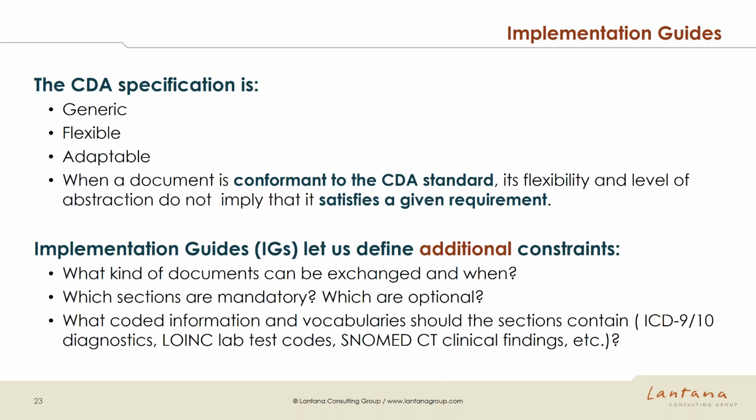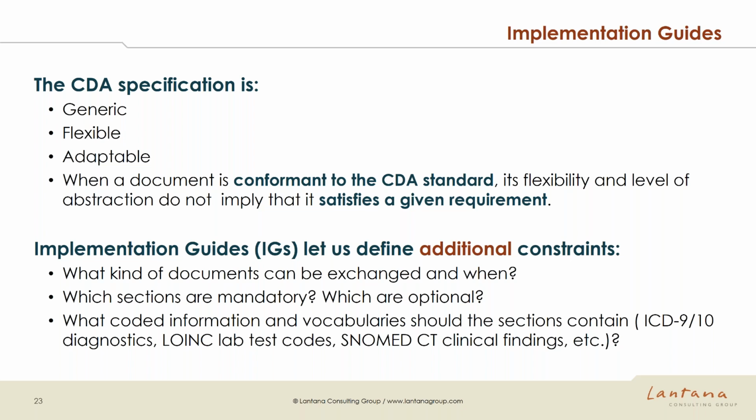So I mentioned implementation guides and also mentioned that the CDA specification is generic. So it is very flexible, very adaptable, but out of the box doesn't necessarily satisfy any given use case or requirement. That's really what implementation guides are for. Implementation guides typically will define a use case for a particular kind of document and then describe what content is expected in it, such as what sections are mandatory or optional, what level of coded data is required for this particular use case.